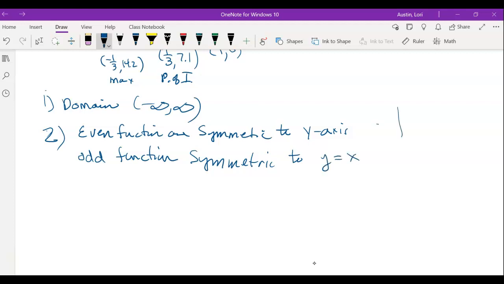All right, so an even function looks like this. Do you see that? Even function. Odd function is, here's a classic odd one, right? That's an odd function.